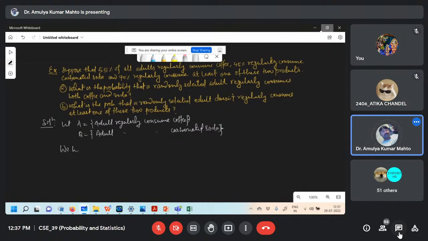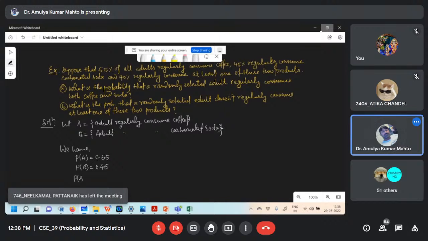So what are the things we have now? Probability of A is 55%, means 0.55. Probability of B is 45%, means 0.45. And 70% regularly consume at least one of these, either A or B or both, either coffee or carbonated soda or both. So this is A union B equal to 0.70.